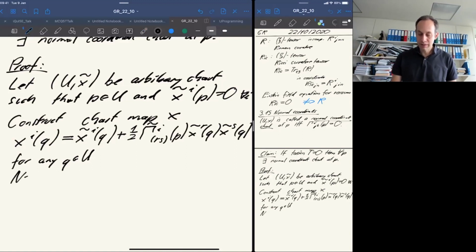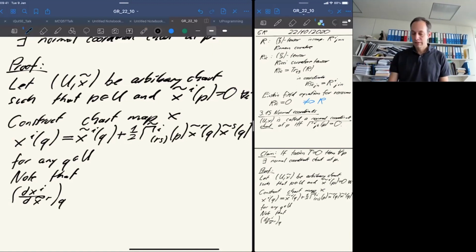But the transformation rules, as you probably remember, depend on expressions of this form. So we usually have derivatives of the chart transition maps. So they involve terms like this. And so it's useful as a preparation for the rest of the proof to briefly calculate these terms. So what's this term?